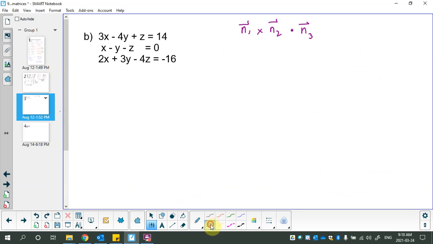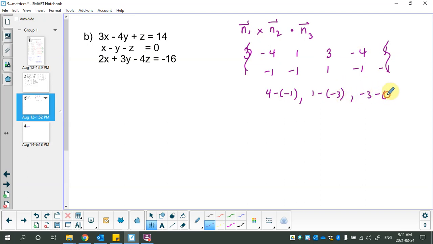Okay, let's try this. See if I can get through this without a hand cramp. So, 3, -4, 1, 3, -4, 1, 1, -1, -1, 1, -1, -1. Normal from here and normal from there. So 4 minus -1, 1 minus -3, -3 minus -4.